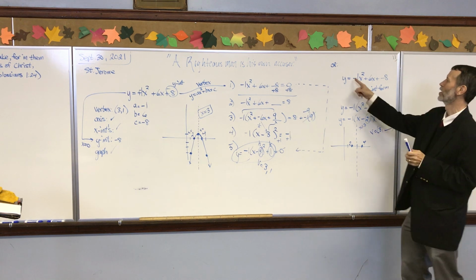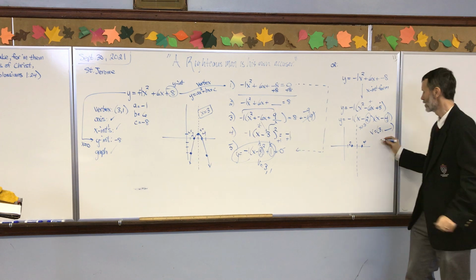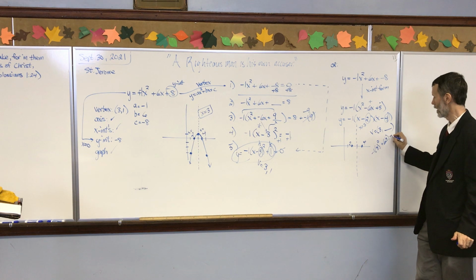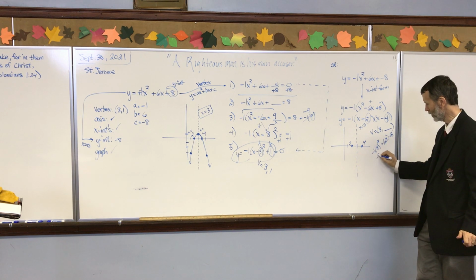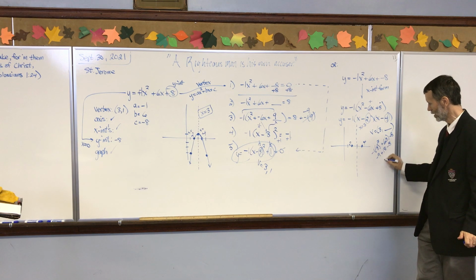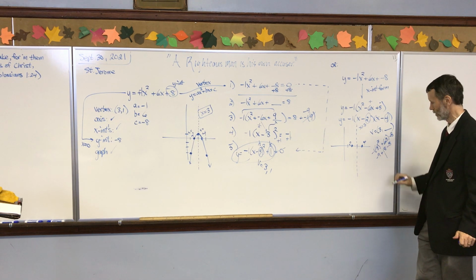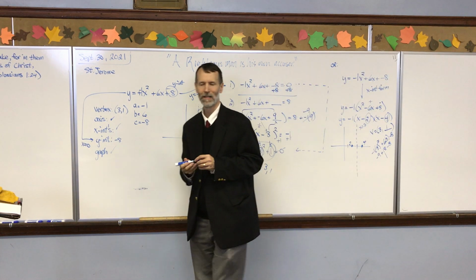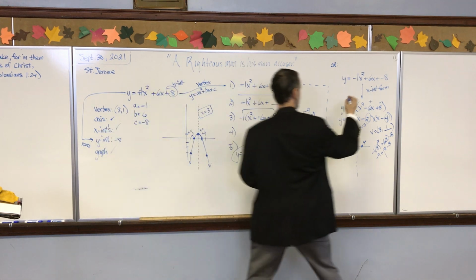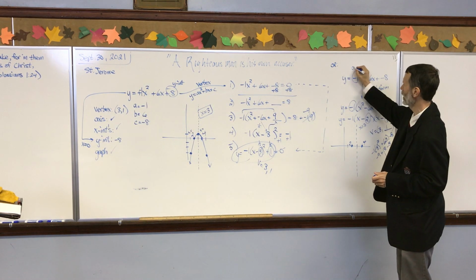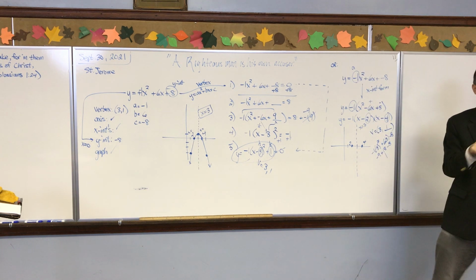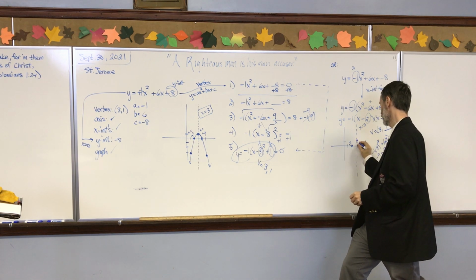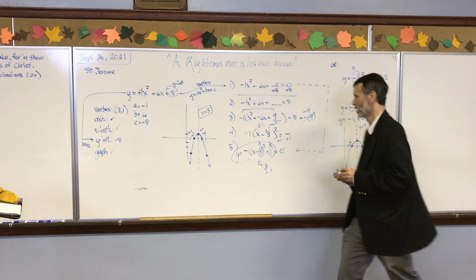Plug the 3 in for x. Go up to the original, plug in x equals 3. So negative 1 times 3 squared plus 6 times 3 minus 8. This is going to be basically negative 9 plus 18 minus 8, which should be 1. So the vertex is 3 comma 1. And that's exactly right. And hopefully you can spot up here that the height multiplier is negative 1. So it's over 1, down 1, over 2, down 4, etc. And that'll help you get your graph. Okay? Questions on that?